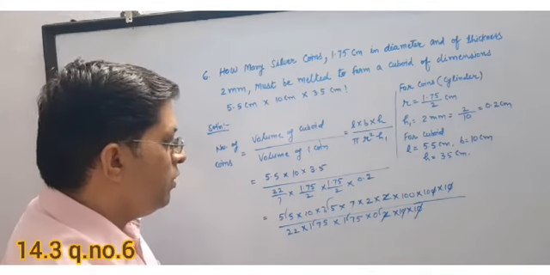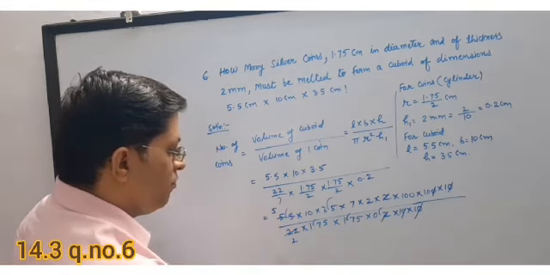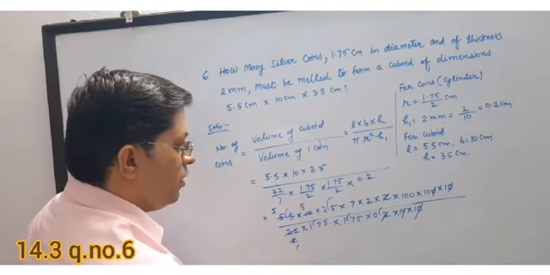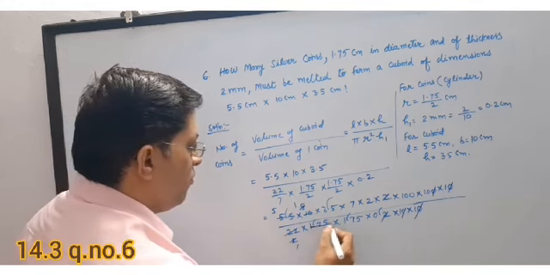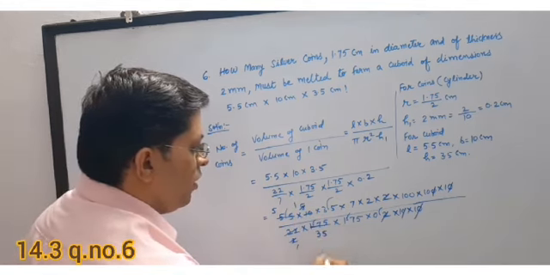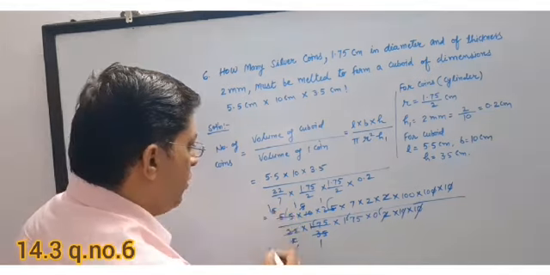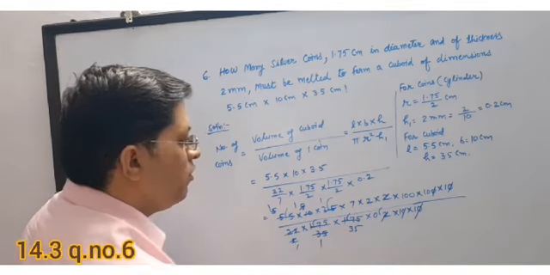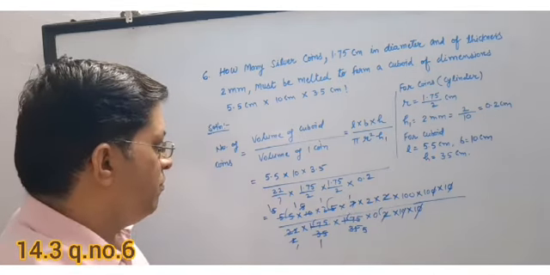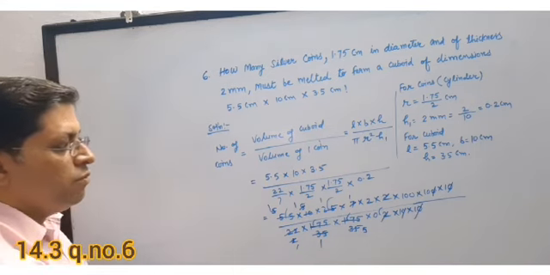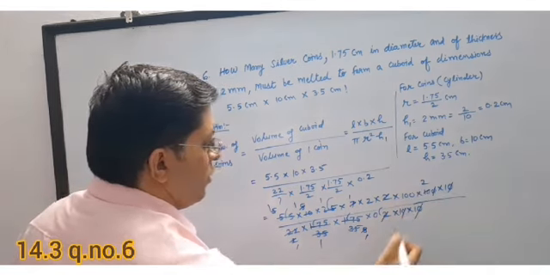Then 11 twos are 11, 5 twos are 10. 5 ones are 5, 5 threes are 15. 35 and 35 cut. 7 ones are 7. 5 ones are 5, 5 twos are 10.